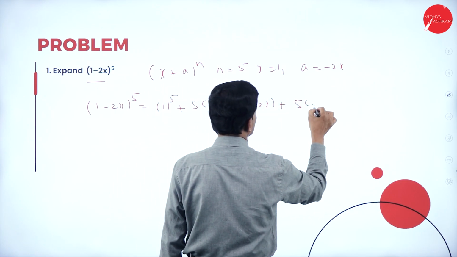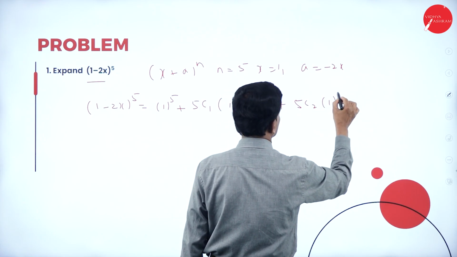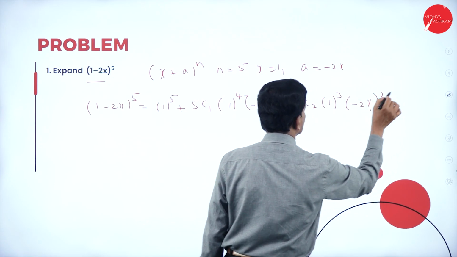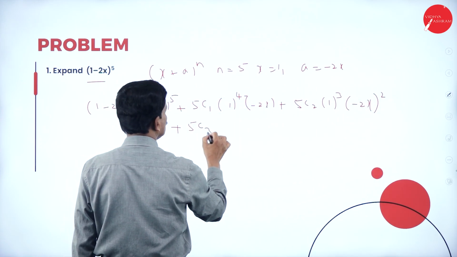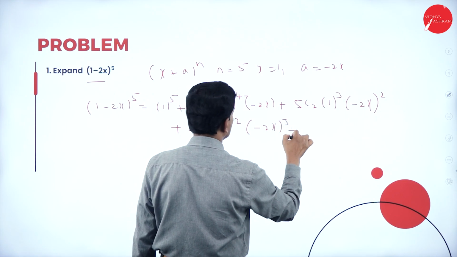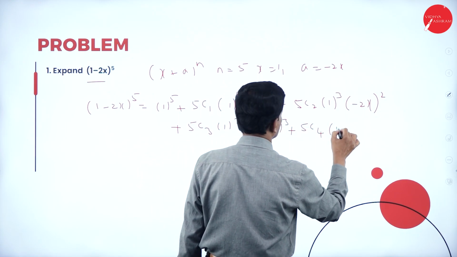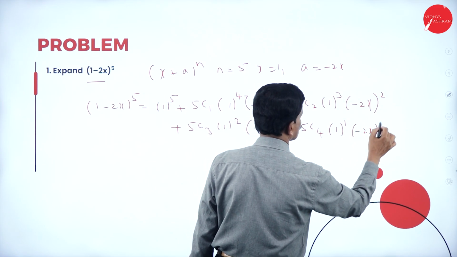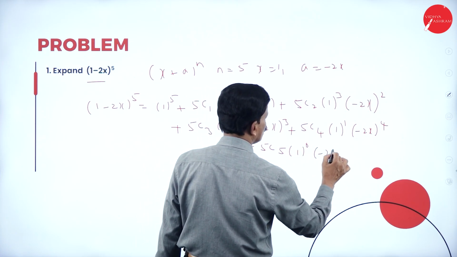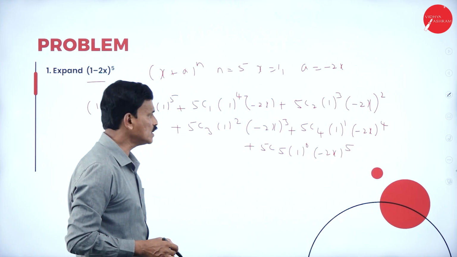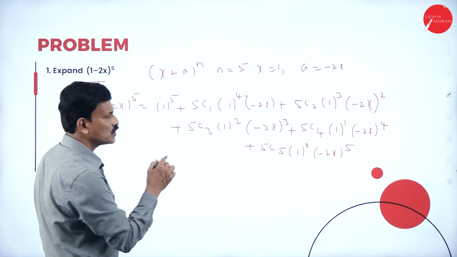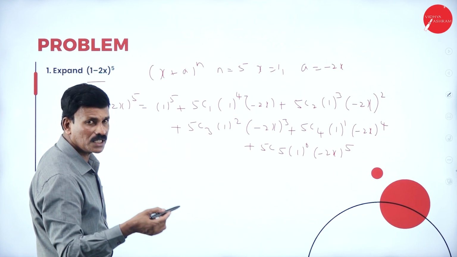Plus 5c2 1 to the power of 3, since 5 minus 2 is 3, and minus 2x whole square, plus 5c3 1 square into minus 2x whole cube, plus 5c4 1 power 1 into minus 2x whole raised to 4, plus 5c5 1 power 0 into minus 2x to the power of 5. That's it. Okay. x raised to n, nc1, nc2, nc3, etc., x to the power of n minus 1, n minus 2, n minus 3, a square, a cube.